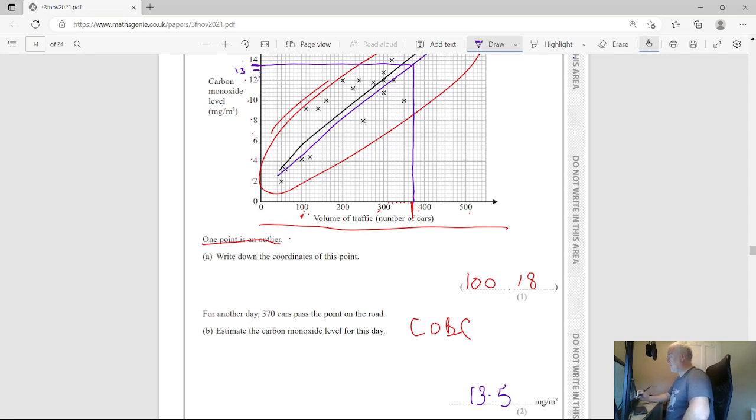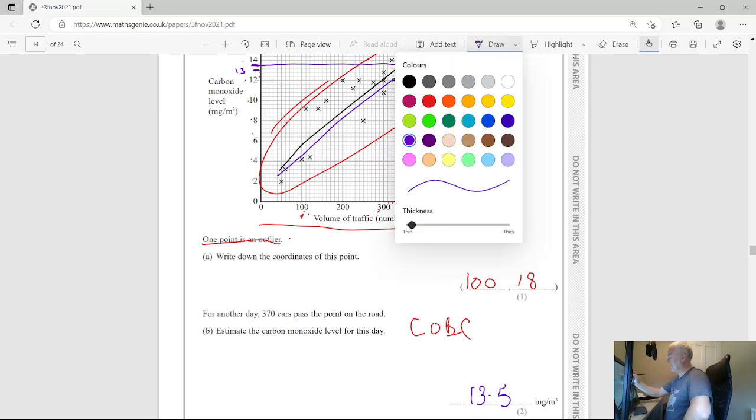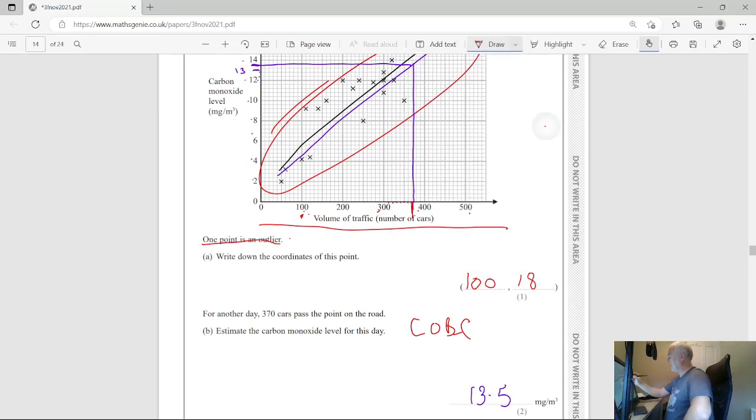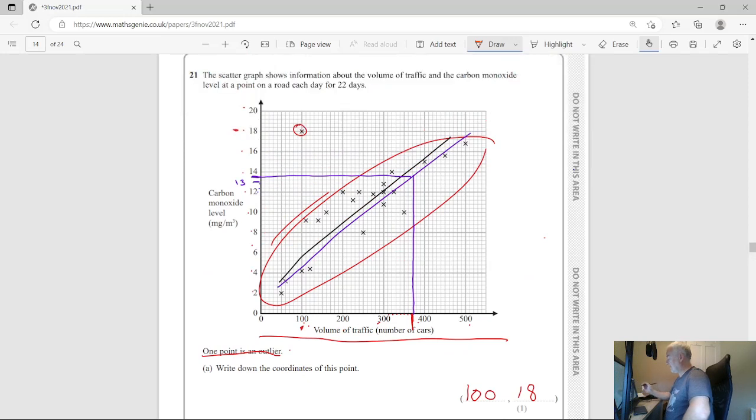Okay, if we use the black line, and this is again another real key thing, it relies for you to use your line of best fit. So we're going to use the same line coming up, but this time we're going to carry on to the black line. Okay, then we're going to come along. Okay, so we're talking about 14.25 maybe.